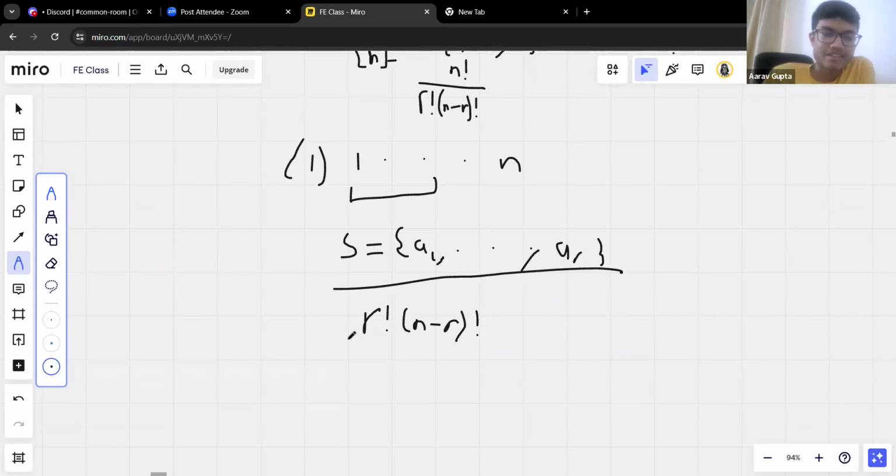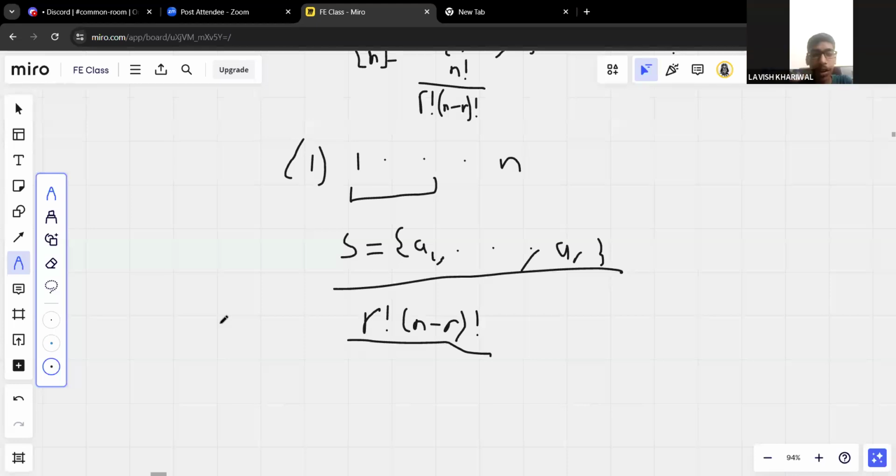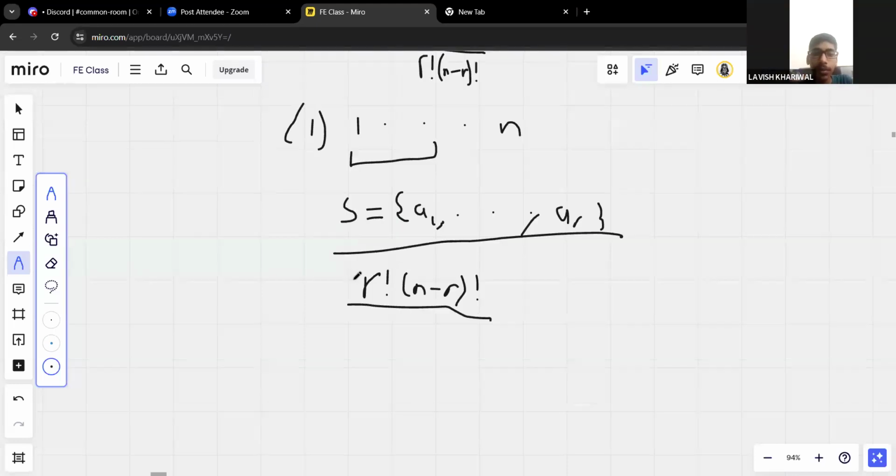Does everyone get this, or should I repeat something? Yeah, got it. Okay, I'll do it once more. You told that for permutations of S, there will be n factorial. And how did you get the denominator?